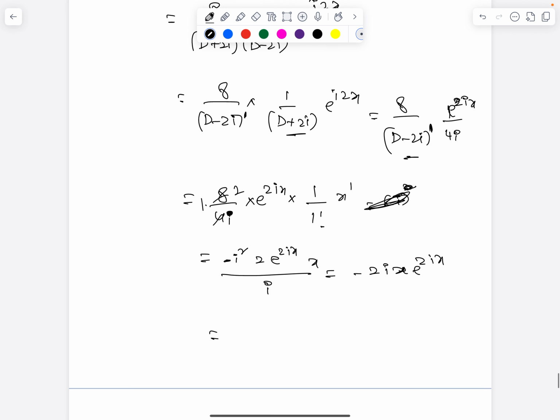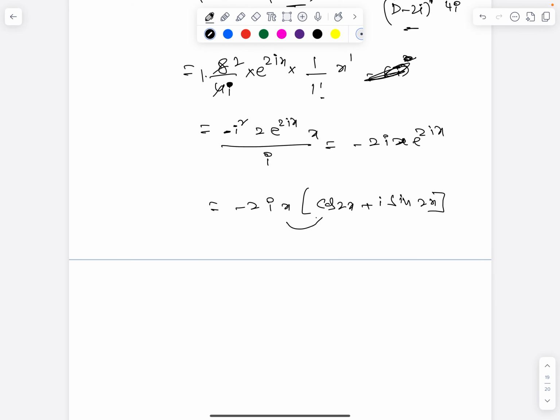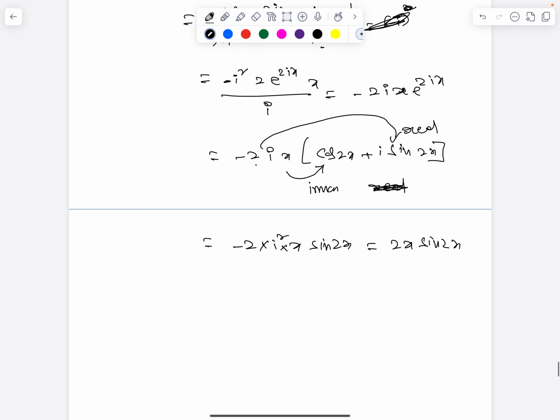In the expansion you will see minus 2i into x into cos 2x plus i sin 2x. Now the cos contribution is only the real part, so you have to see that 2i into cos is imaginary, and imaginary into imaginary is real. Therefore you get the real part only from minus 2 into i square into x into sin 2x. This implies 2x sin 2x is your ypi.